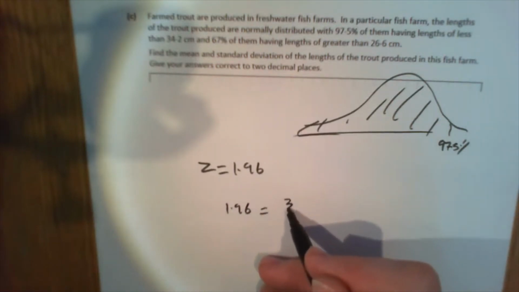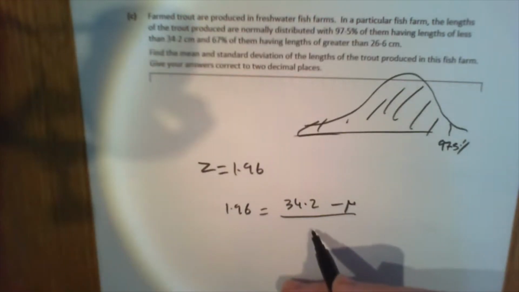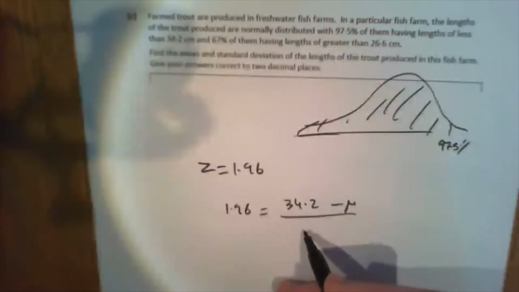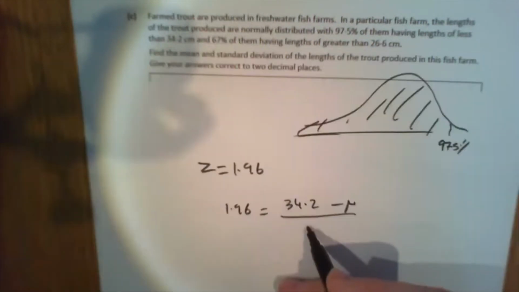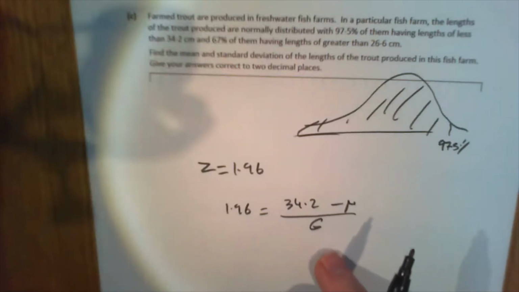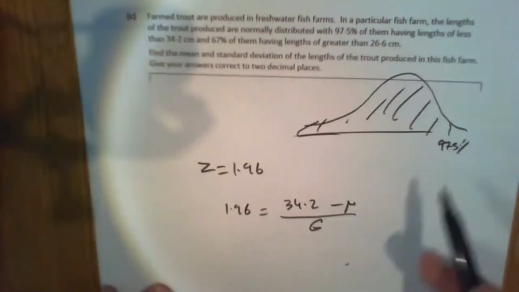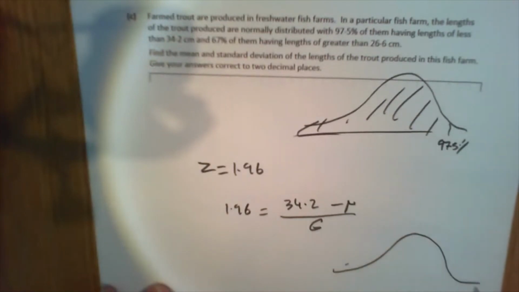So let's put that into our formula. 1.96 is going to be equal to 34.2 minus mu over sigma. So that's one of them. Now let's work out the other one at the bottom end. Obviously it's going to be a negative because it's going to be less than.